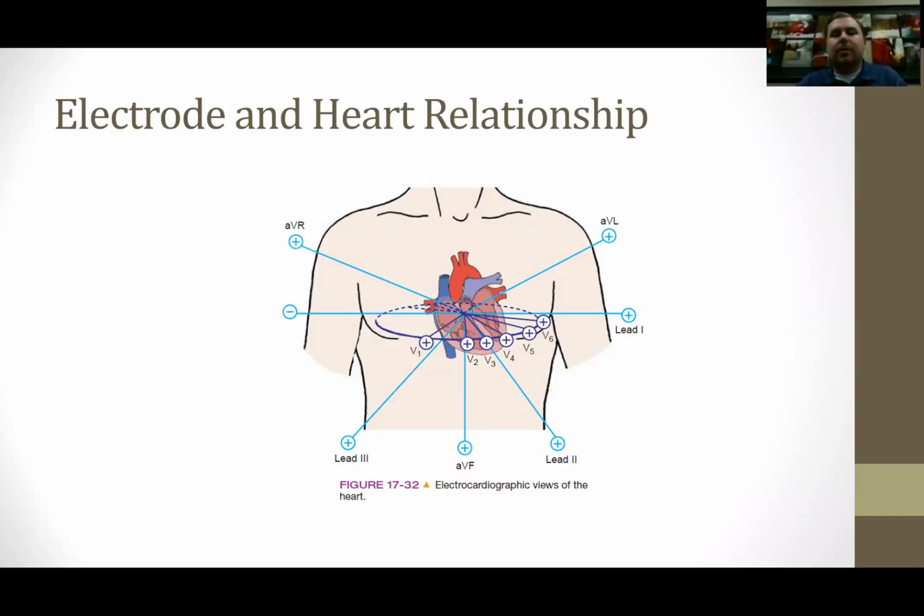The hexaxial ones, so leads 1, 2, 3, AVR, AVL, and AVF, they're going to cut the heart in half from front to back and kind of open up to where you can easily see both ventricles and the septum, and then your horizontal leads are going to kind of cut it in half top and bottom and give you a look around the heart kind of in a diagonal angle from V1 down to V6.